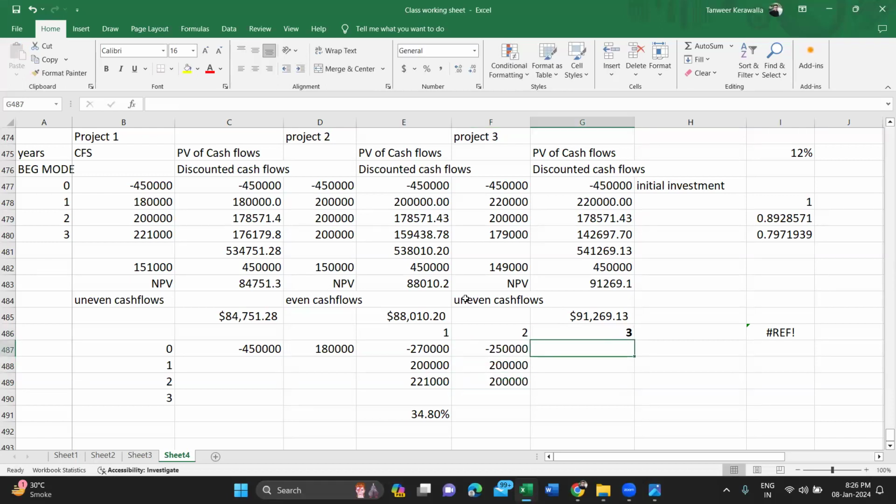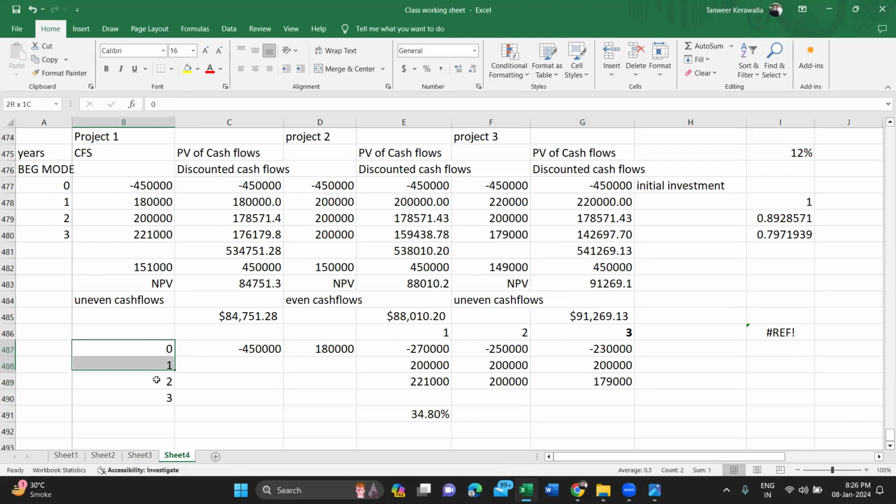And the last, third one, with 4 lakh 50 goes out, 2 lakh 20 comes in. So in the beginning of first year, we have 2 lakh 30 going out. And then we have 2 lakhs and 1 lakh 79,000. These two, right? 2 lakhs and 1 lakh 79,000.